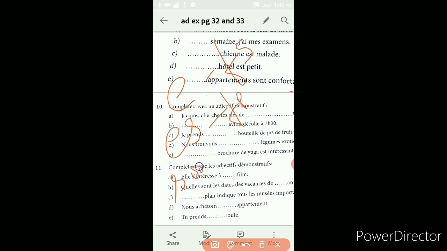Words ending up with S or X are masculine plural. And words ending up with other alphabets are masculine singular. However, for this, we need not segregate into feminine plural and masculine plural. It is simply plural here.